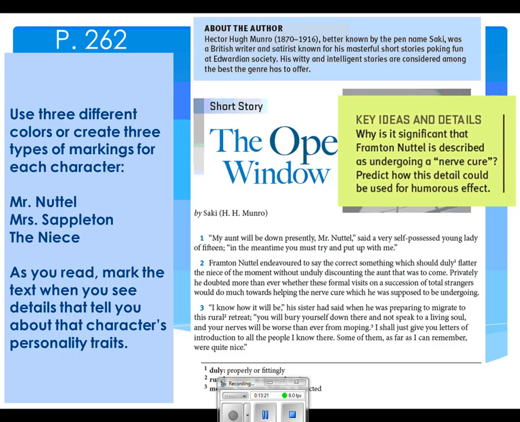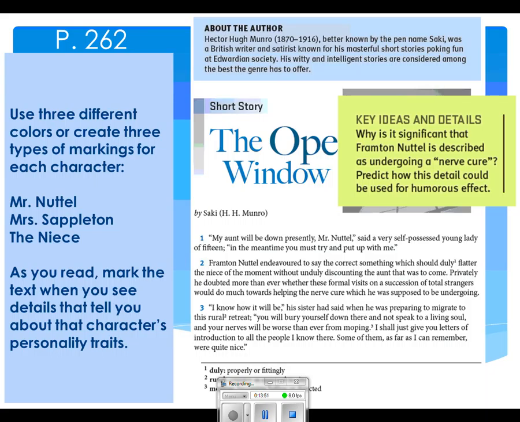Now, the second part of the question is asking, how could being nervous be used for a humorous effect? So how could being a nervous person be humorous? You're clumsy and make mistakes. Okay, maybe you're a little bit clumsy, you make some mistakes, so that could be seen as humorous. Speech might be repetitive, could be stuttering, some folks could find it funny.